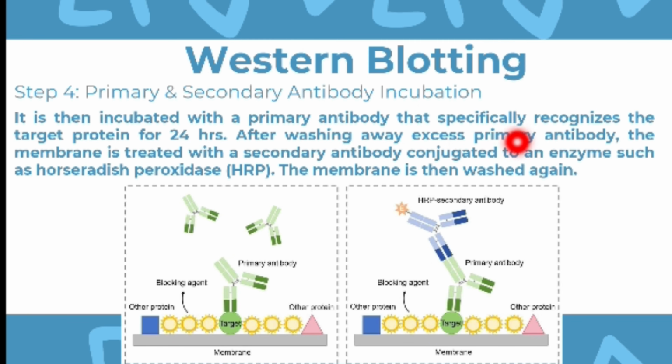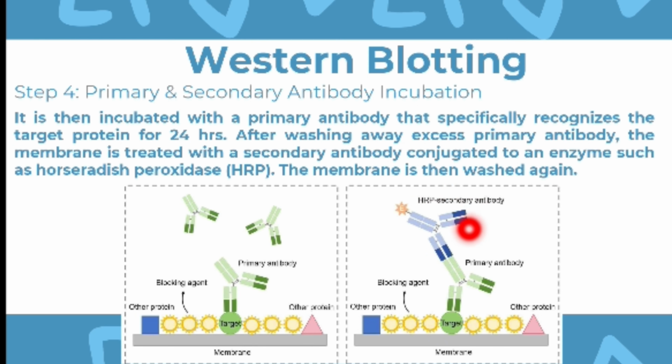So after washing away excess primary antibodies, the membrane is treated with a secondary antibody which is conjugated to an enzyme. So this is the secondary antibody, and you can see it is conjugated to horseradish peroxidase, an enzyme that has chemiluminescence properties.